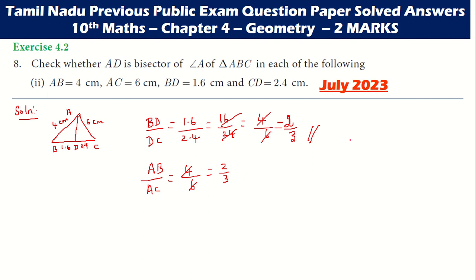So as per angle bisector theorem, the formula is BD by DC, which is equal to AB by AC. So therefore, ரெண்டுமே வந்து உங்களுக்கு 2 by 3 is equal to 2 by 3 இருக்கு.